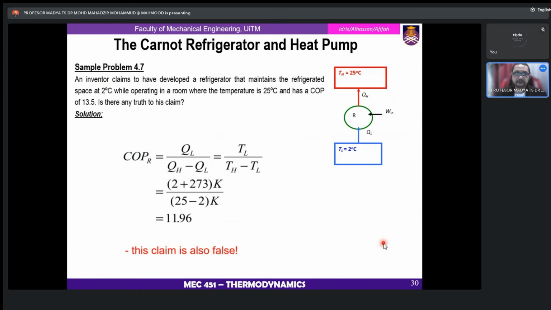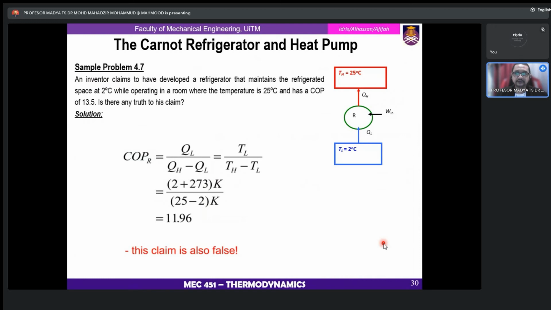To know, you have to find the COP of this system. For the COP of the refrigerator, you know the formula is TL over TH minus TL.